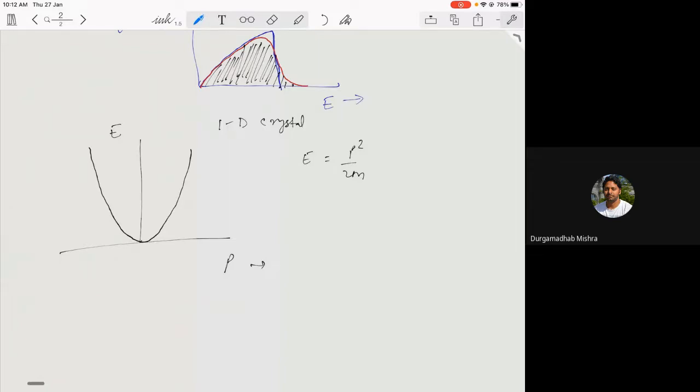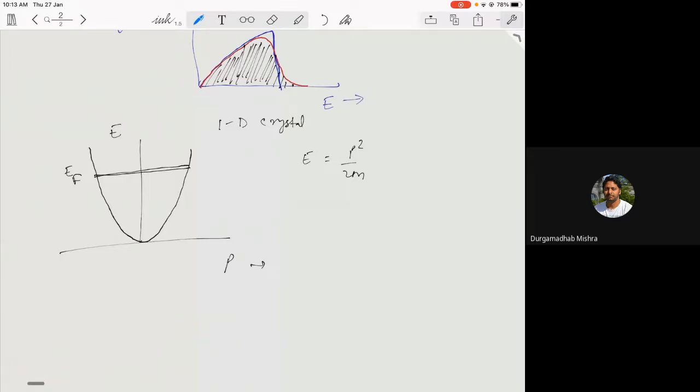And what we say is that all the electron states will be occupied up to the Fermi level EF, and above it is empty, though maybe partially occupied if the temperature is greater than 0 Kelvin.